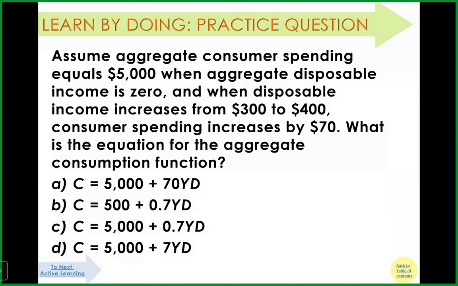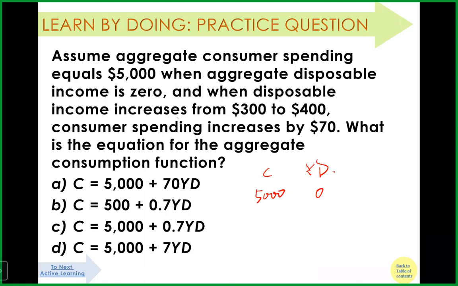Now another practice question. Let me write down the information in a simple way. Let's say we write here C and YD. When disposable income equals 0, consumption equals 5,000.